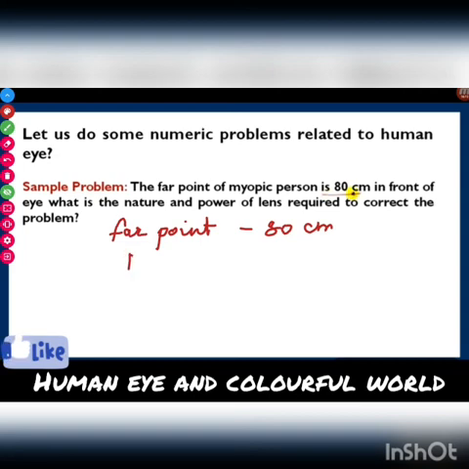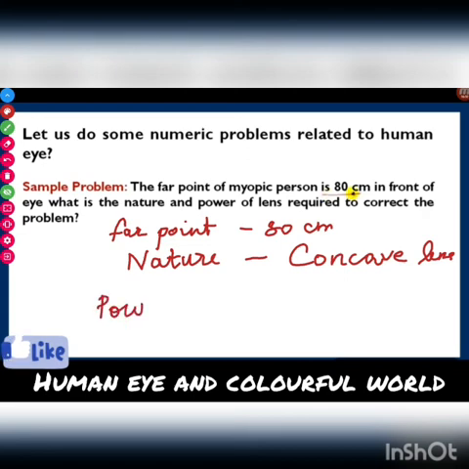Nature, you know that for a myopic patient, the lens which is used for correction is a concave lens. And we need to find the power of the lens. The formula for power is 1 by focal length. And what is the focal length?